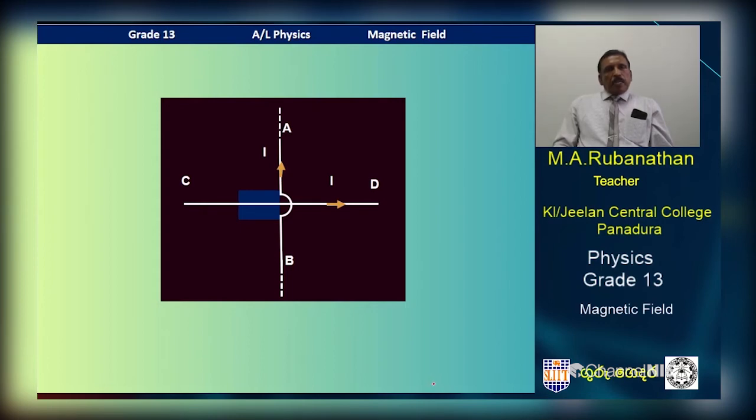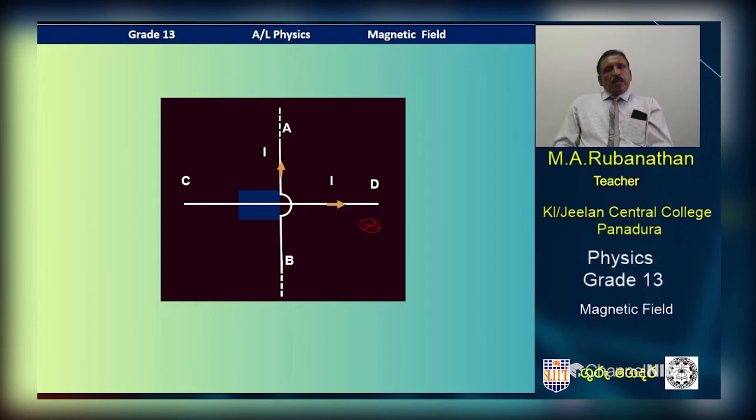Take your right hand and grip the wire AB, then you can find the magnetic field goes inside at this place. We mark it like this. It goes inside the blackboard, normally into the paper.